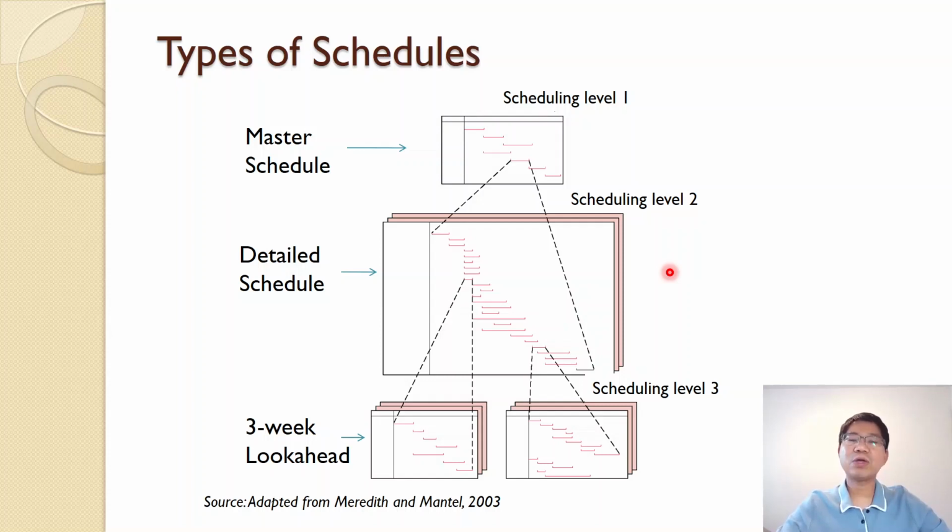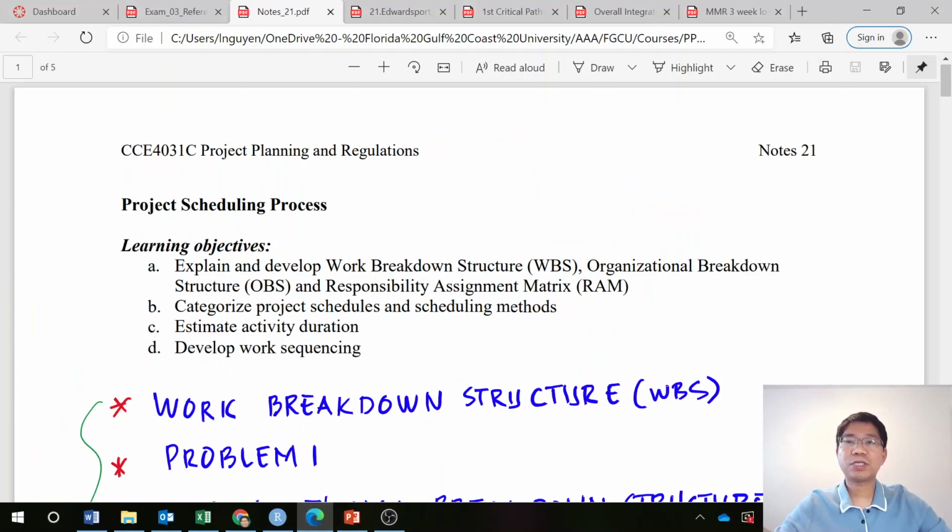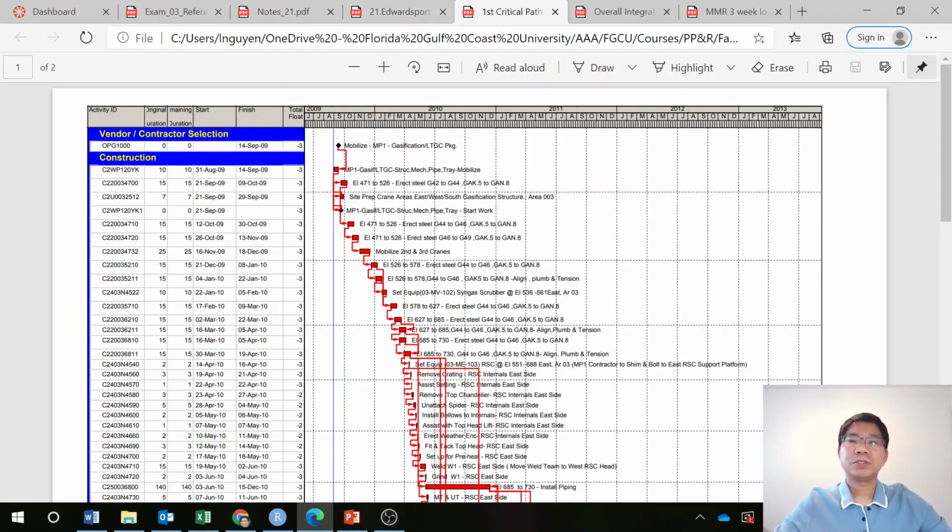And now I'm going to show you the differences between the master schedule, detailed schedule, and 3-week look ahead in a power plant project. That is the Edwardsport project. You see the master schedule, and as you can see, it is a complicated multi-billion-dollar project.